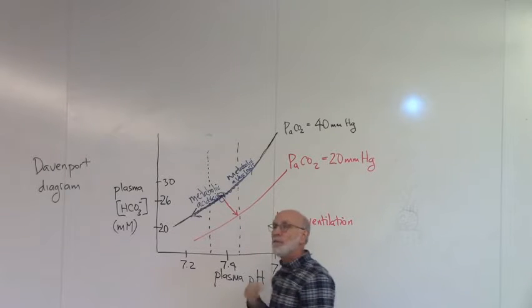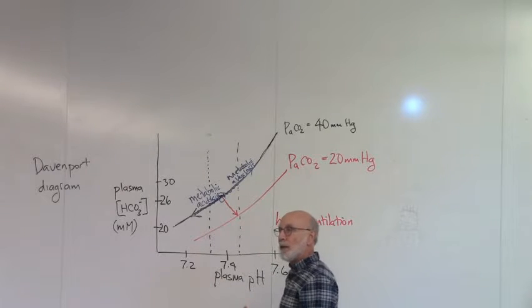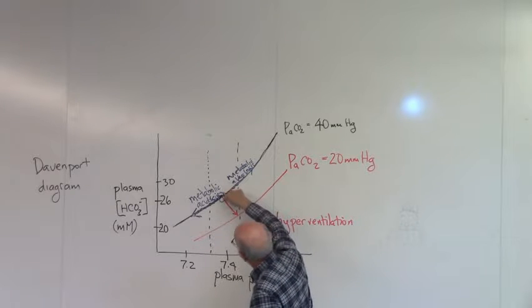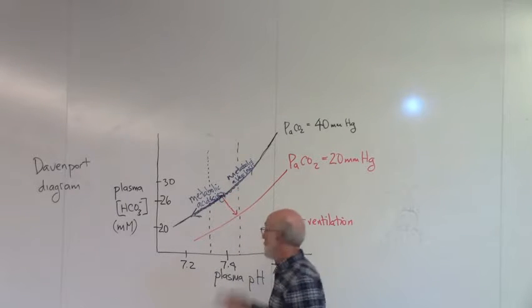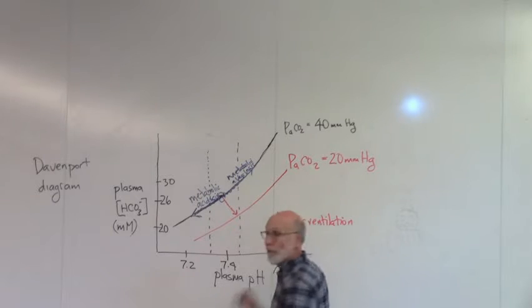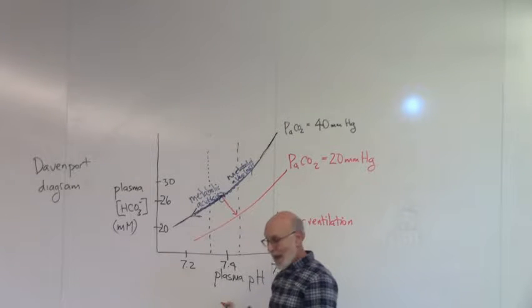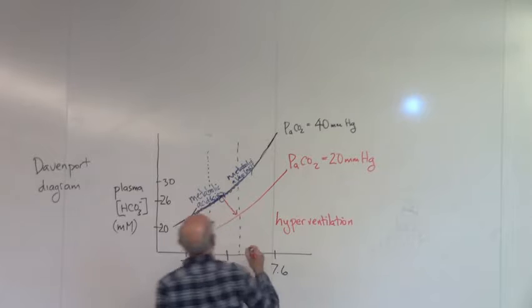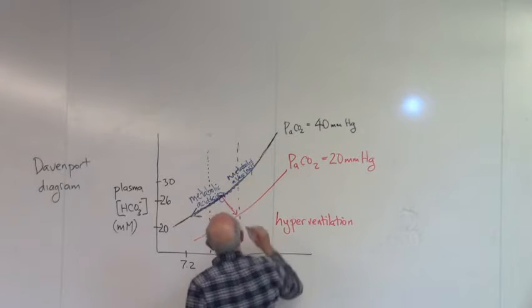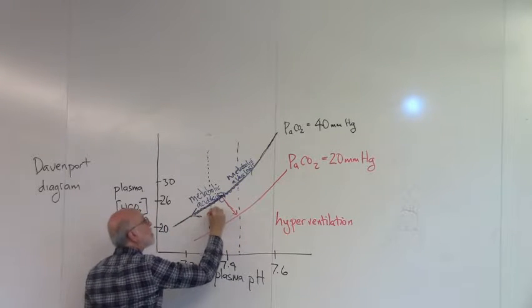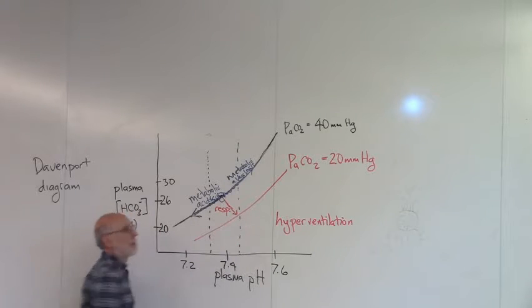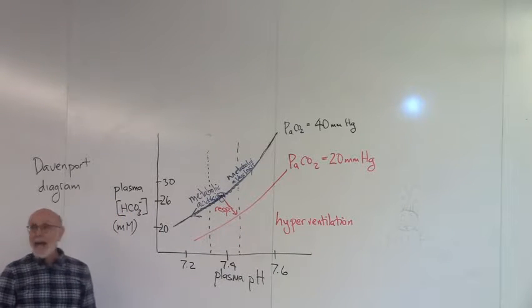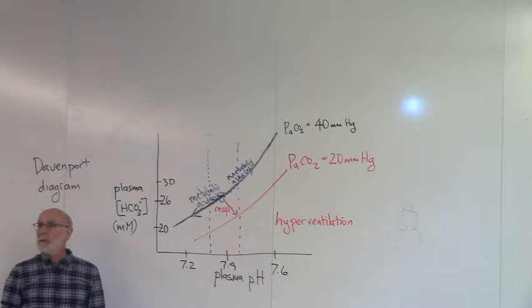So if I were to force you to hyperventilate, you would move along this line until you got to whatever PCO2 you had. And so this red line is called respiratory... Is it acidosis or alkalosis?